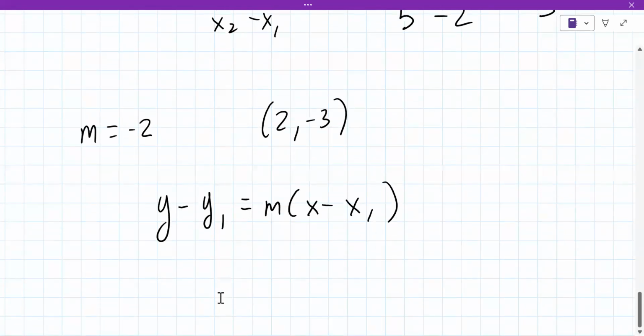Could you substitute those into this equation, please? It'd be y minus -3 equals -2 parentheses x minus 2.